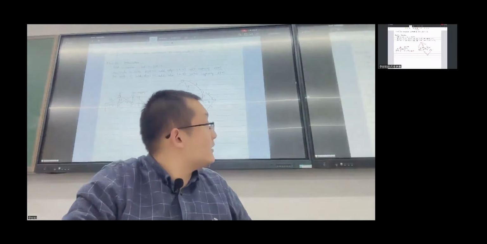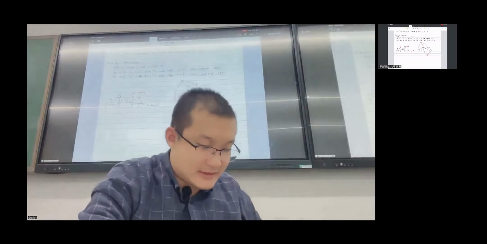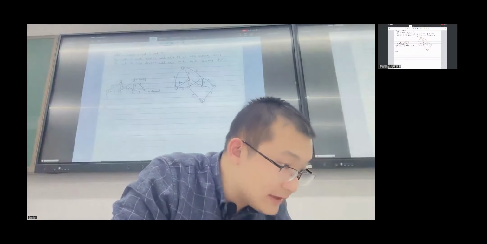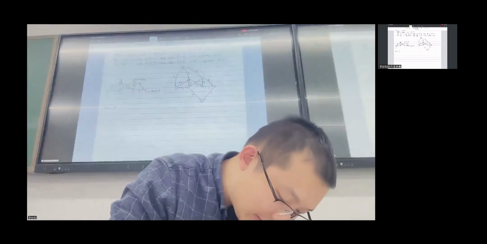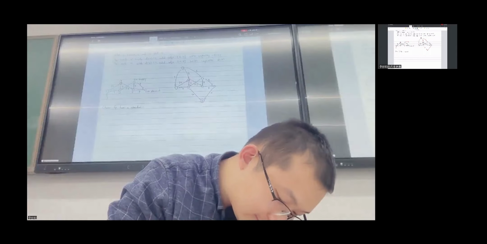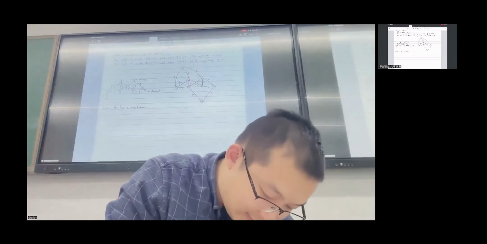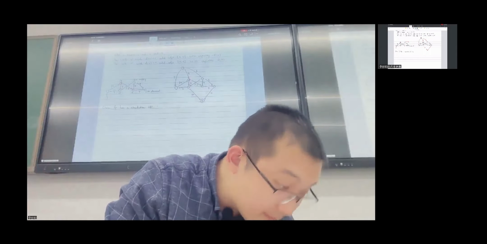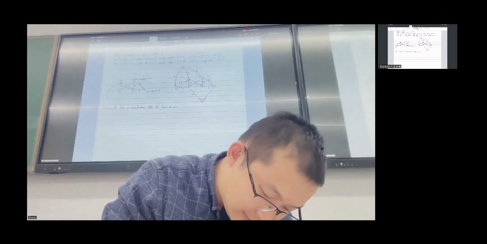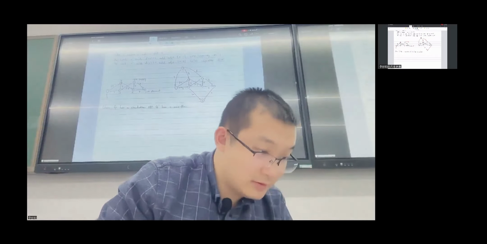And the claim that we are going to give is that the original graph G has a circulation if and only if G prime has a max flow of value D.